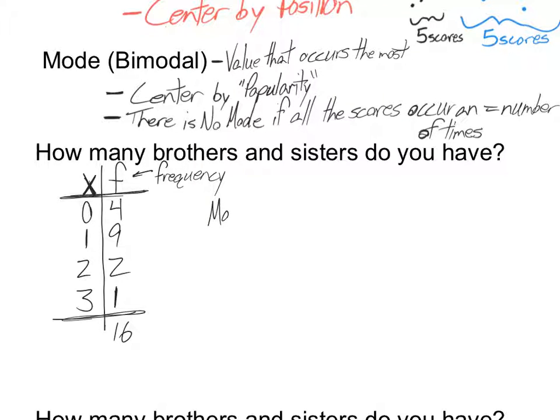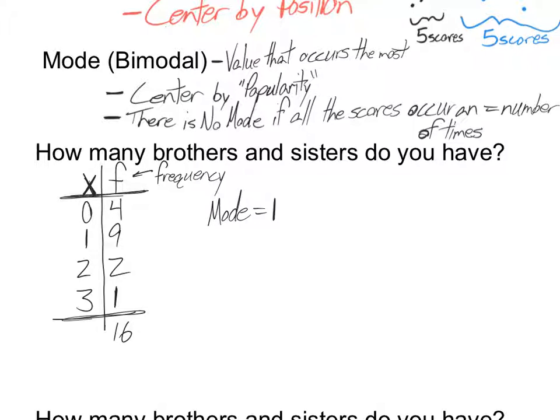What is the mode of this data? 1. Yeah, 1. I was just going to say, one really common mistake is actually to put down the frequency as your mode. So be careful about that. The mode will always be one of your scores. It's the score that occurs most often, and that's 1 in this case. So 1 is our mode.